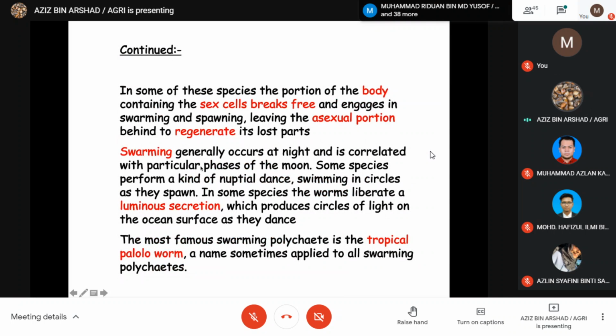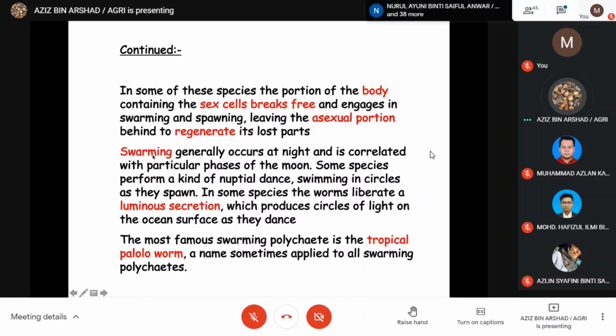In some species, the portion of the body containing the sex cells breaks free, this is cycolysis, and they engage in swarming and spawning. Swarming means they are in millions in numbers, and some of them leave the sexual portion behind to regenerate the lost part. So this lost part can be regenerated back through asexual reproduction.